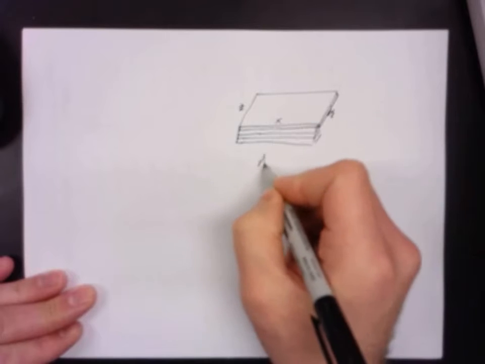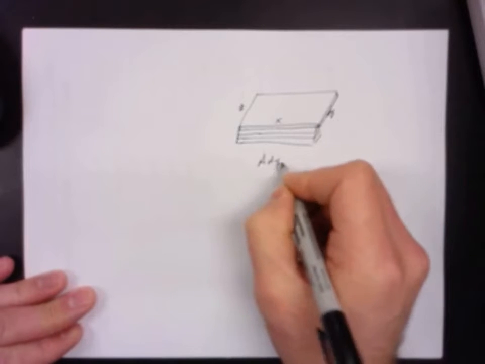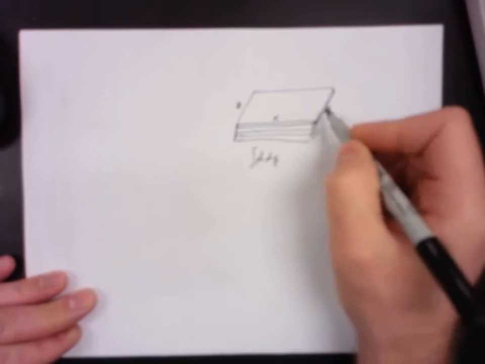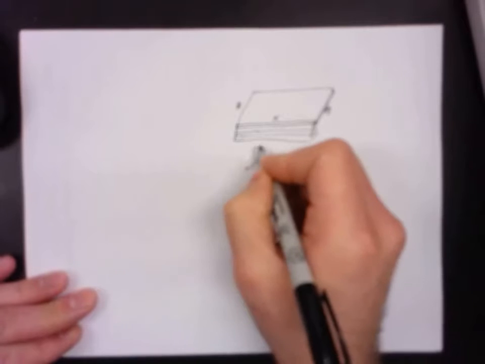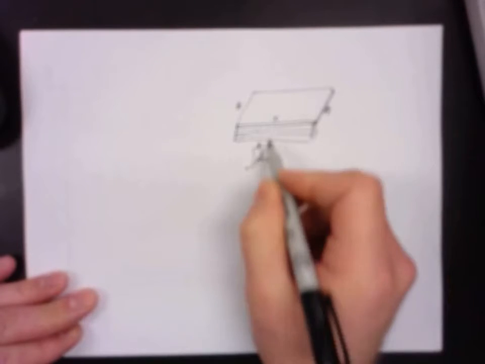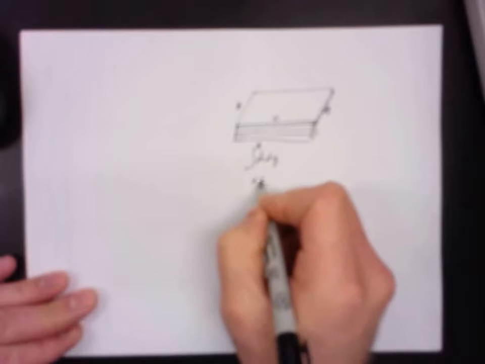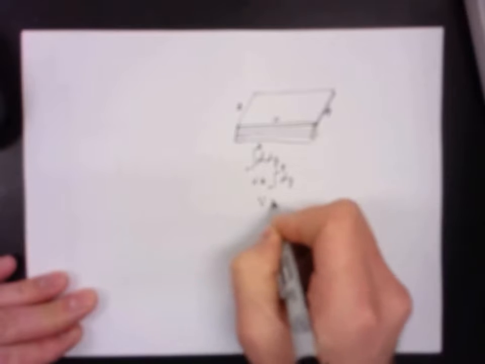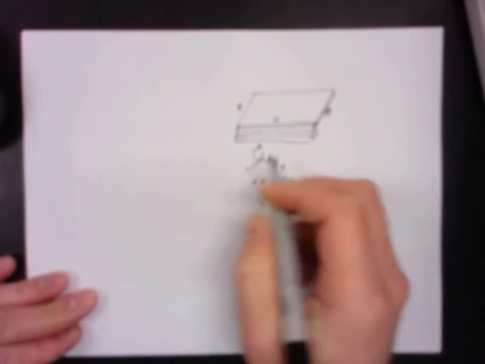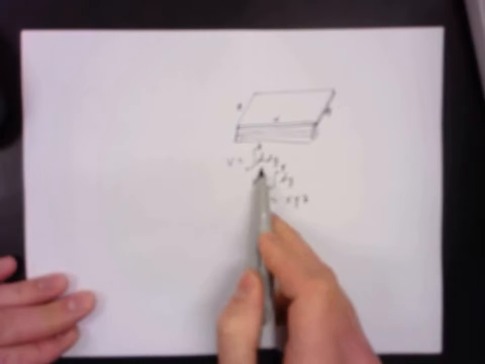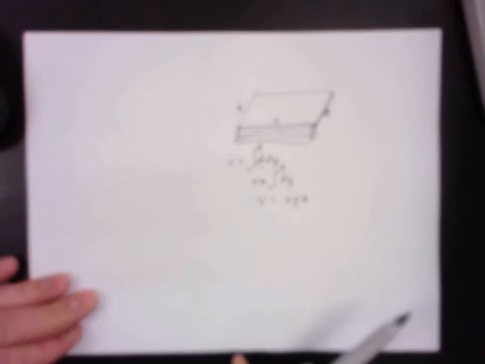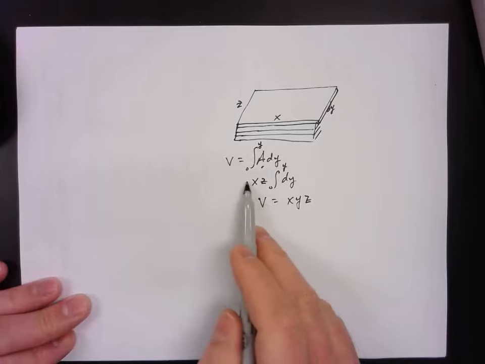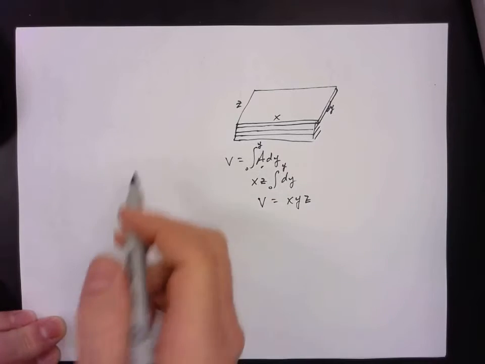So the area times dy, if we integrate those infinitely small heights from 0 to y, the area of that sheet is going to be x times z. Integrate this with respect to y, you get a volume of xyz. So the volume is the integral of the area times its other dimension.